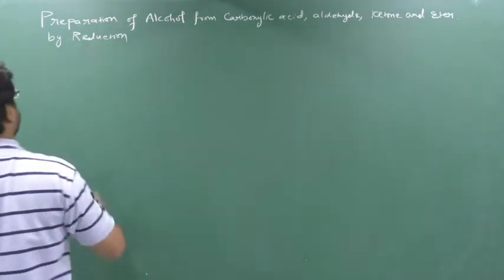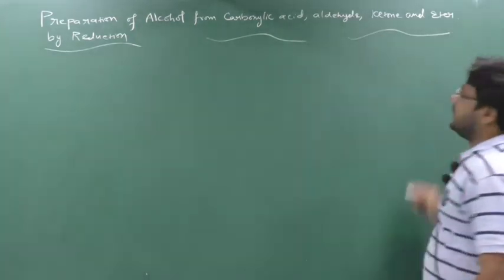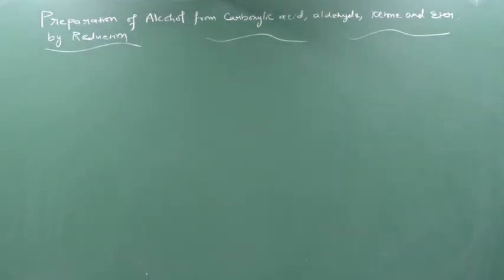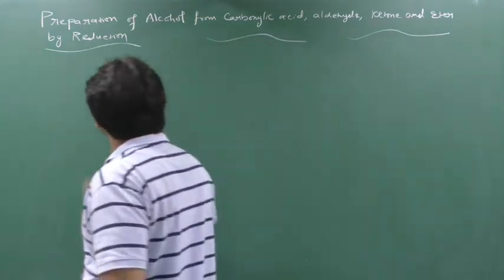Clear? So this is the topic name: the preparation of alcohol from carboxylic acid, aldehyde, ketone and ester by reduction.